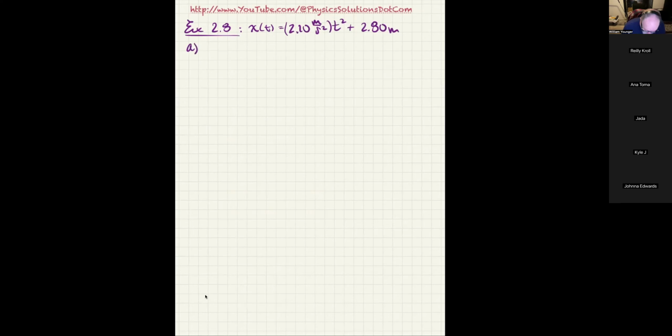So a bar from t1 equals 3.00 seconds to t2 equals 5.00 seconds. And then part B, they say calculate its instantaneous acceleration as a function of time. So in this case, we want a of t equals question mark.